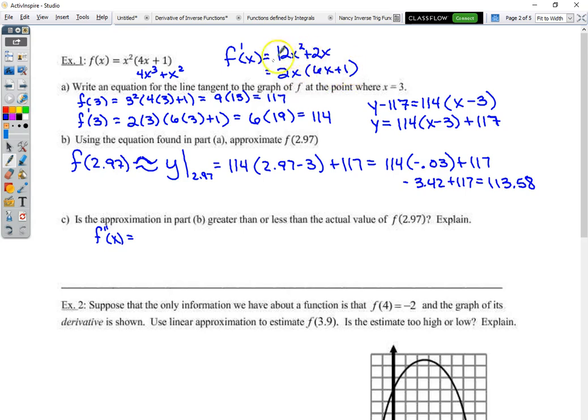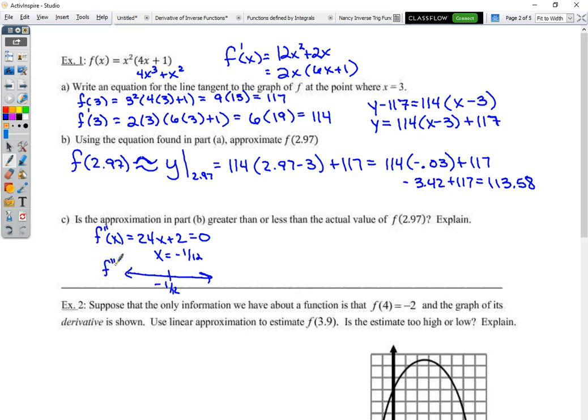Again, I'm not going to use this portion, I'm going to use the 12x squared plus 2x. Let's call that 24x plus 2. We'll set that equal to 0, and I'll figure out that x is going to be negative 1 over 12.